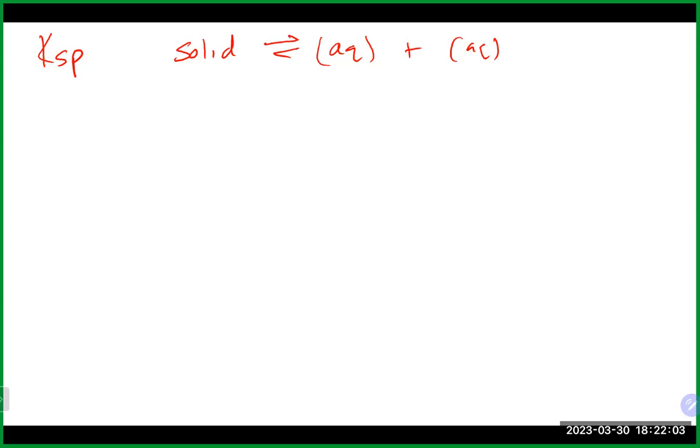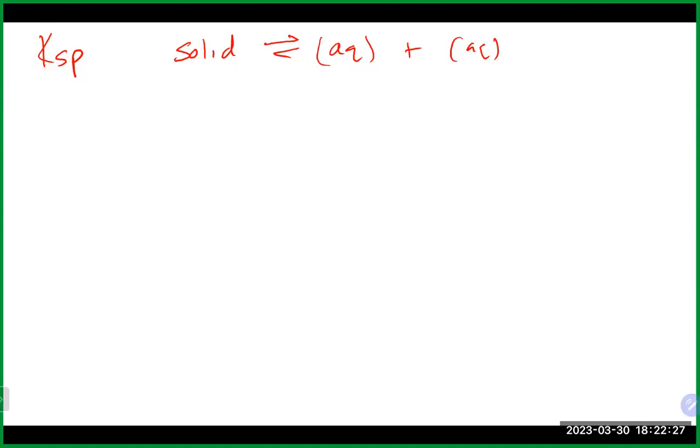We do the same thing. So we still obviously take the coefficients like normal, if there are some coefficients. And as we saw when we're doing basic KSP type problems, there are really two types of problems. One where you are actually asked to solve for the value of the KSP. And in those cases, you're usually given some type of solubility of the compound.